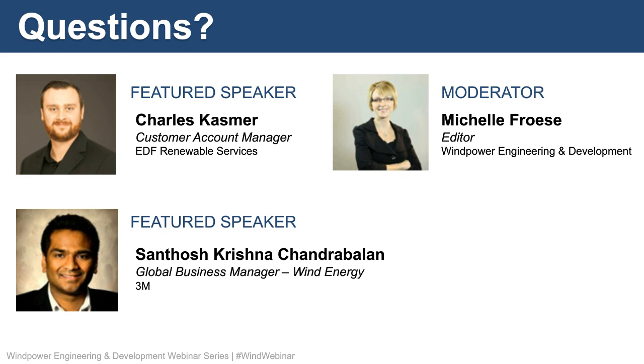Great. What about in different weather conditions, such as icing or any kind of storms? How do VGs hold up then? Santosh, would you like to answer that question? Yes, I can go ahead and take it. That's a very interesting question. When it comes to vortex generators, or any of our products on the whole, they are not designed for very tough, unforeseen conditions such as lightning or icing.